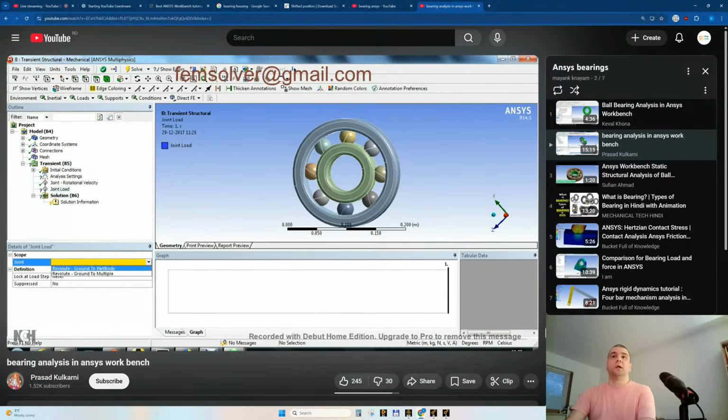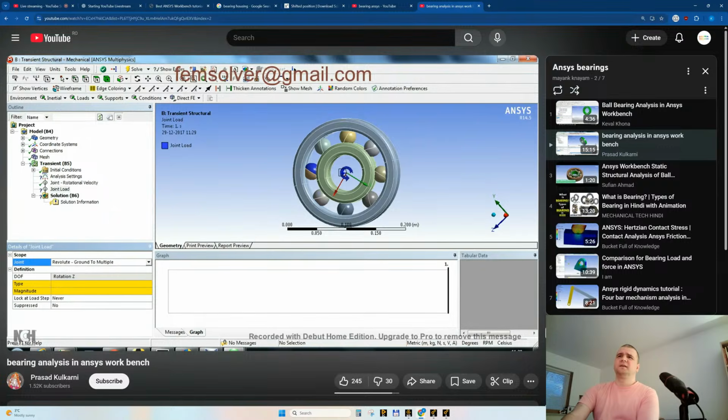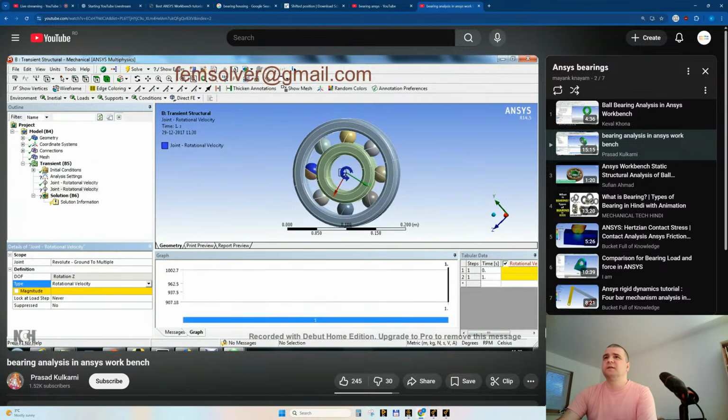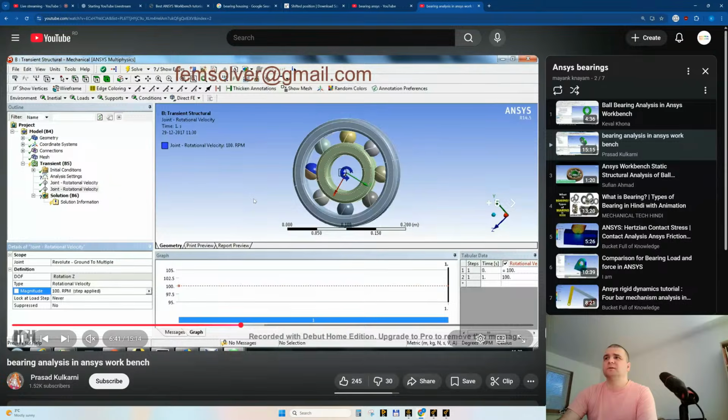Another joint load. No, please, no. Joint load only on half a face. What? Maybe it's a display convenience. Maybe the joint load is applied on all the balls. Why do you rotate the balls? In reality, no one is rotating the balls. 100 RPM.